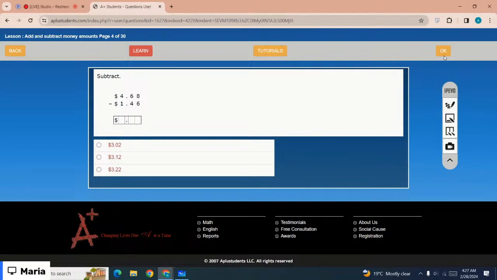Okay, the next one is 4.68 minus 1.46, which is the correct option?